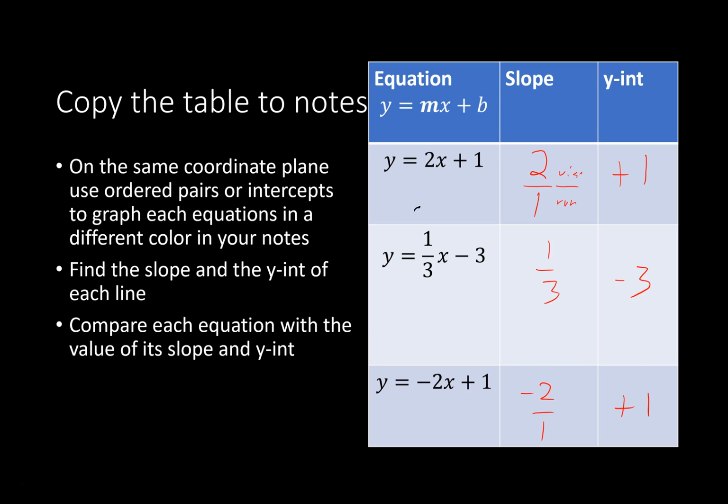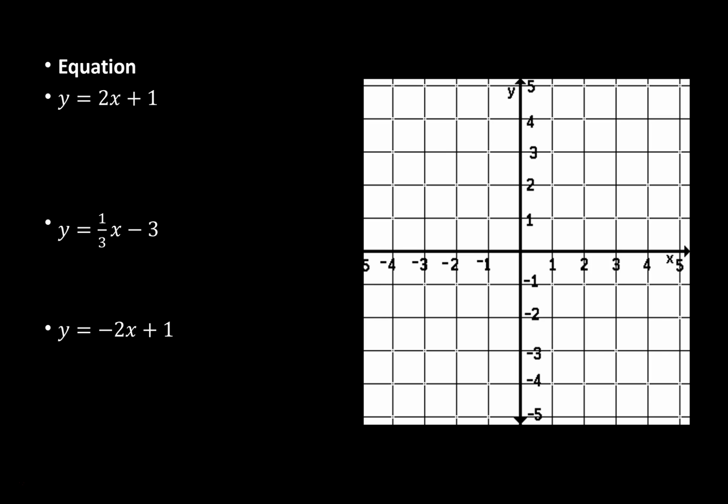So find the slope and the y-intercept of each line, compare each line with that of the value of its slope and y-intercept. Okay, so if I was going to graph these, I'm going to take the y-intercept, so this one's at plus 1, and I'm going to do a rise of 2 and a run of 1. I'm going to go up 2, and I'm going to go to the right because it's positive 1.